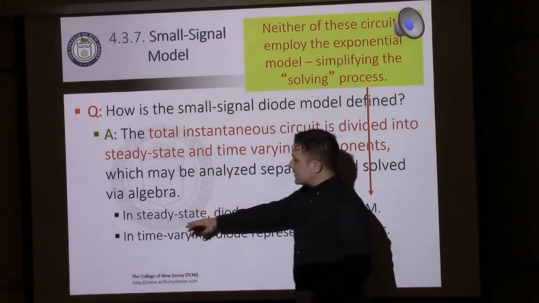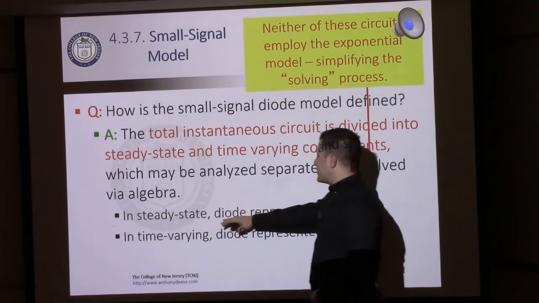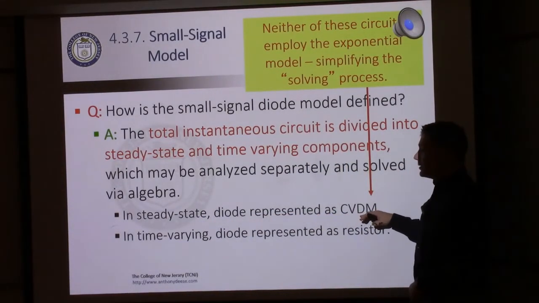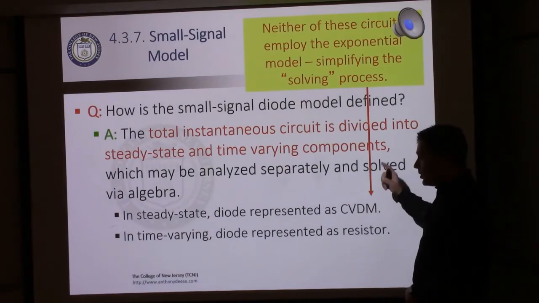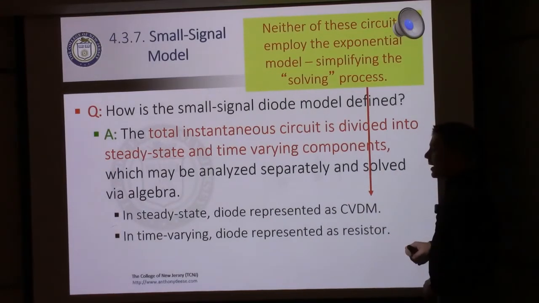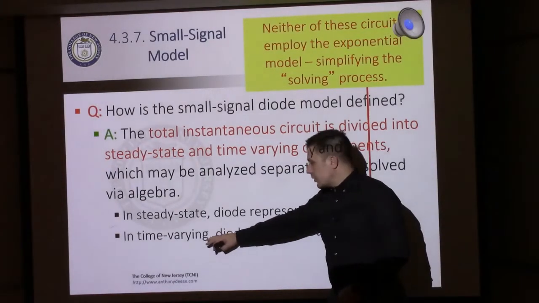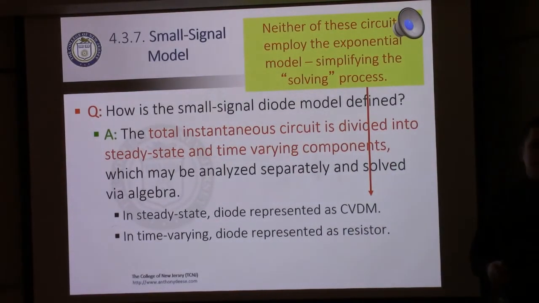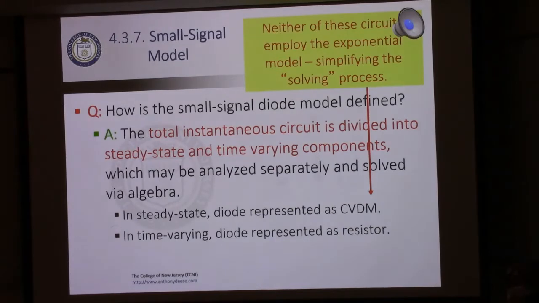So for the steady state or static circuit, the diode will be represented as a constant voltage drop using the constant voltage drop model, the one we just talked about a couple minutes ago. And in the time varying circuit, the diode will be represented as a resistor, which again we'll talk about in a moment how to solve.